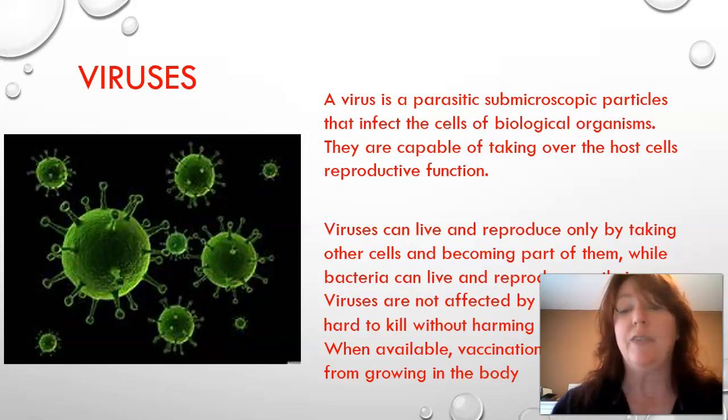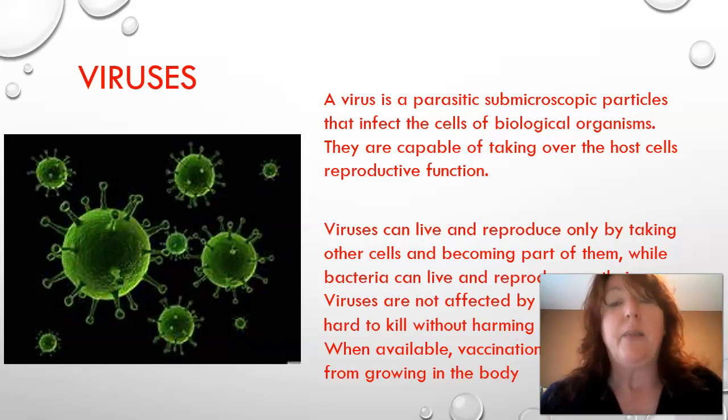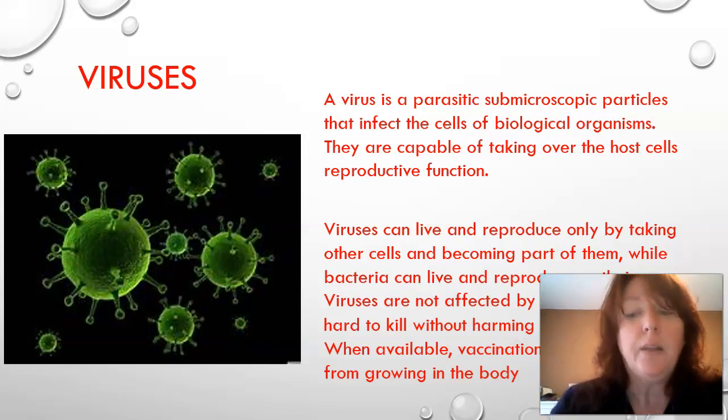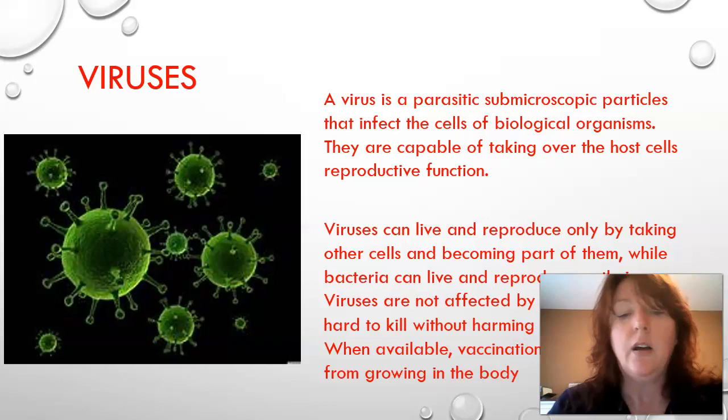So viruses can live and reproduce only by taking over other cells and becoming a part of them, while bacteria can live and reproduce on their own. Viruses are not affected by antibiotics, which is why coronavirus is difficult to control. They are hard to kill without harming the body's own cells. Where available, vaccinations can prevent viruses.